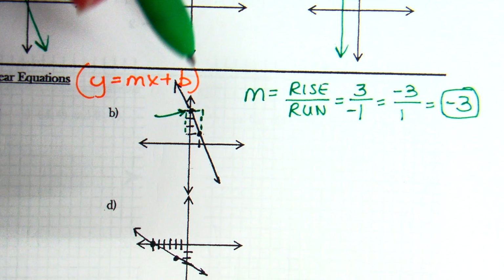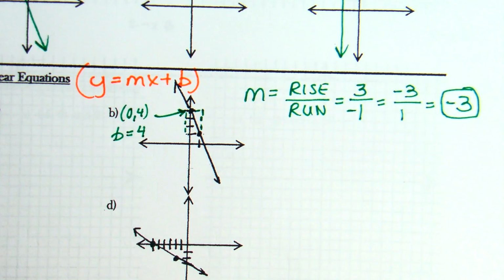What number is that? 4. Yeah, it's the ordered pair 0, 4. And in other words, the b value is going to be 4. Do you know enough to write your equation? Most certainly. I hope so.